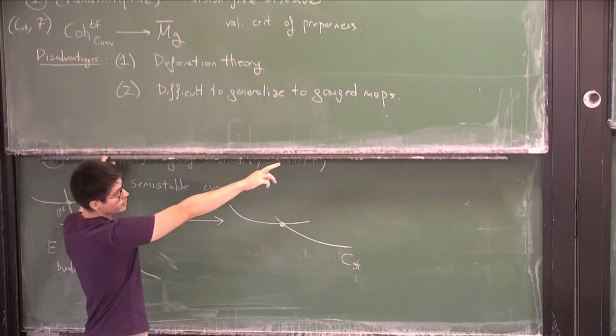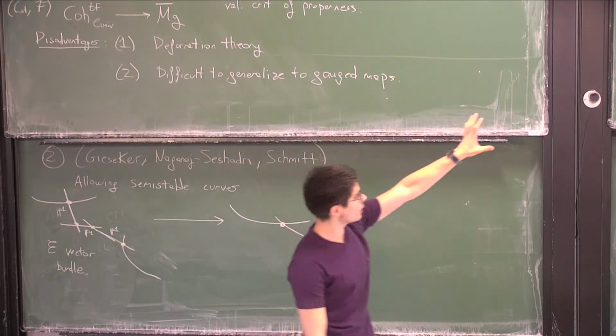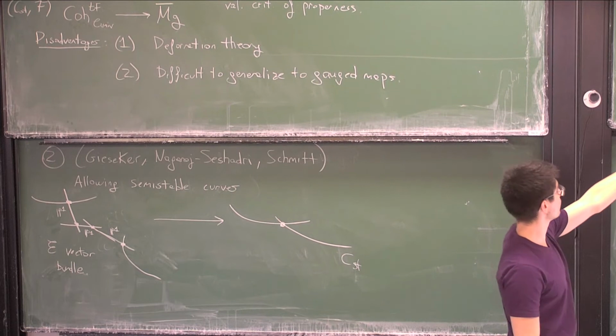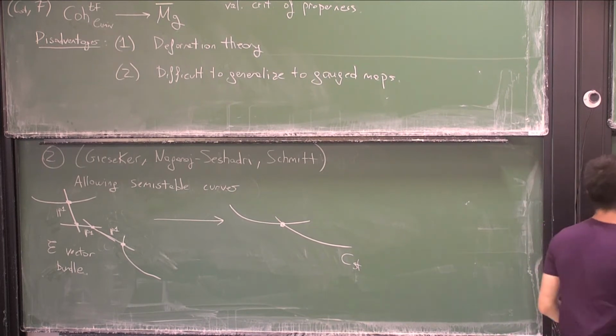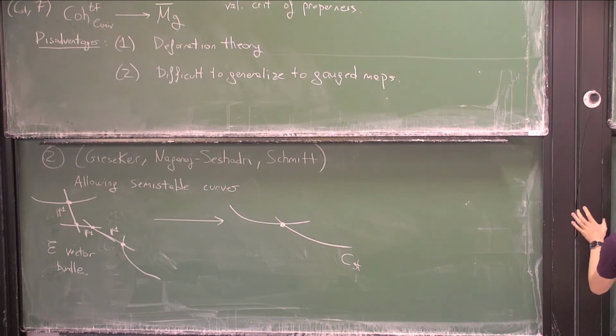And there's a way of starting with this data and obtaining a stable curve and a torsion-free sheaf. You just look at what we have, and you're going to get some kind of forgetful functor, where you take an element of this moduli space and you push forward everything to the stabilization. So you're going to take your pair, C and E, and map it to C stable and the push forward of E.